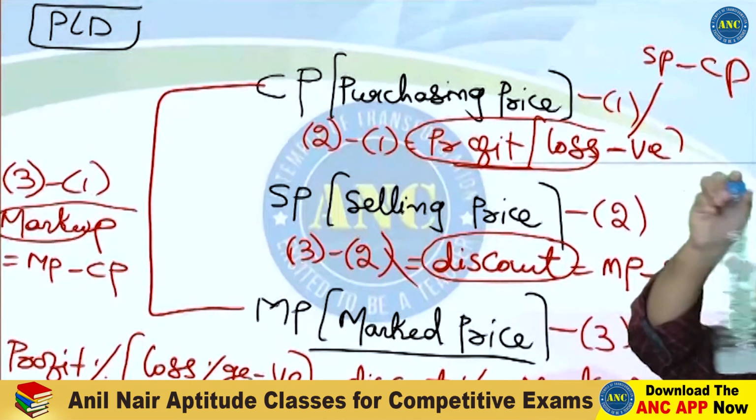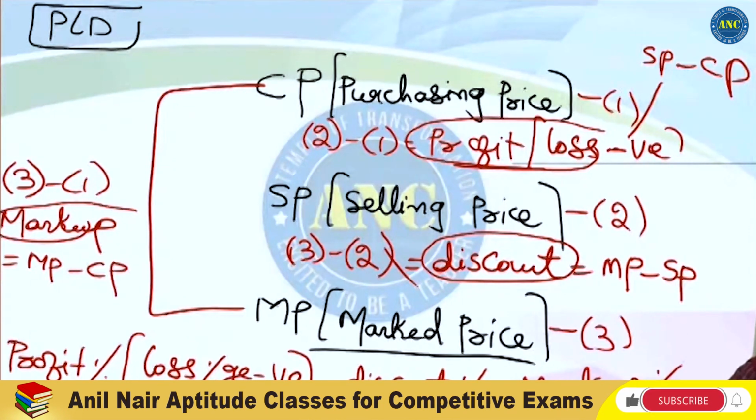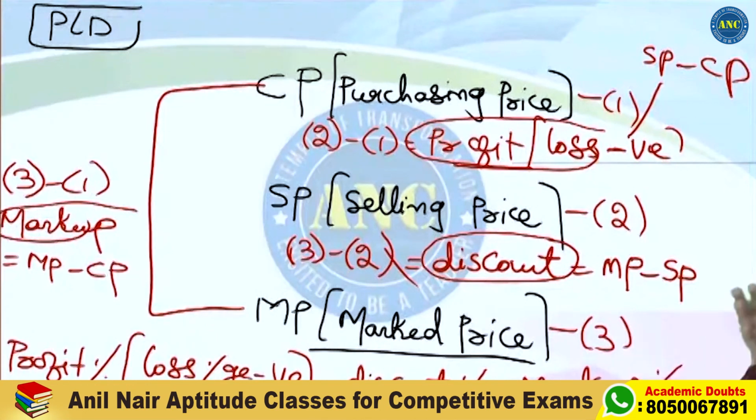Suppose, see here Rakesh, this water bottle is there. There is no price marked on the water bottle. I went to a nearby shop and bought this water bottle at 20 rupees. What is the price at which I purchased? 20 rupees. There is no price marked on it. I came to my business shop and attached my own seal with markup 30.